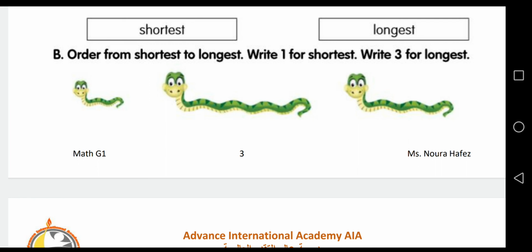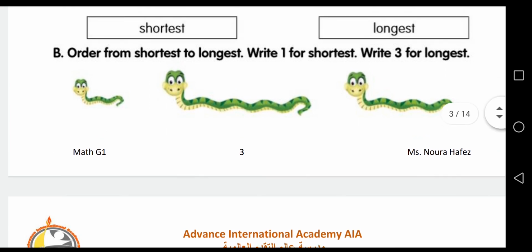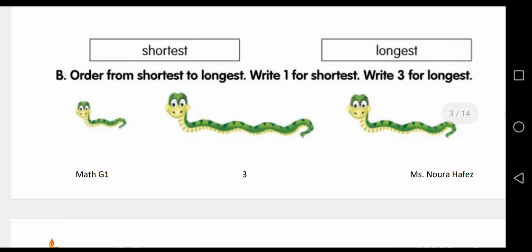It's not the shortest, it's not the longest. This means that it's in between. I will write number 3 on the second snake, and number 2 under the third snake.